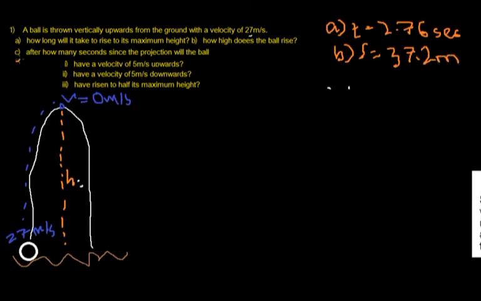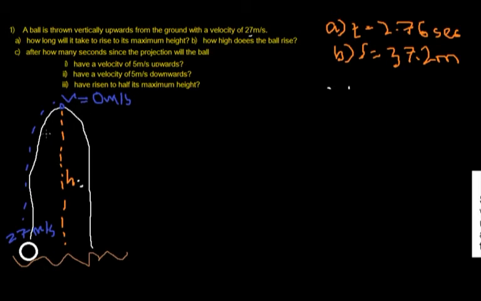Let's look at question C. Question C is composed of 3 questions. After how many seconds since the projection will the ball have a velocity of 5 meters per second upwards?